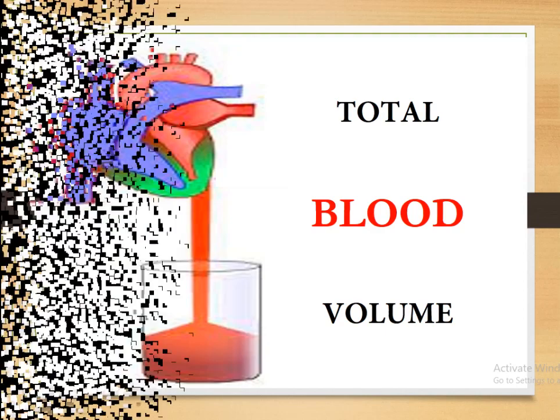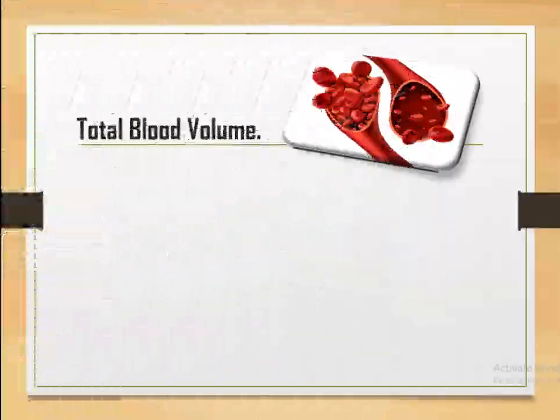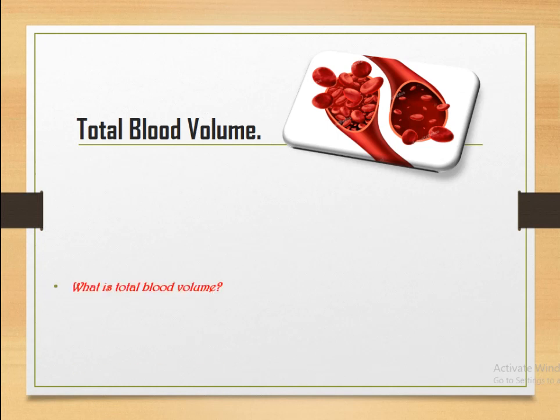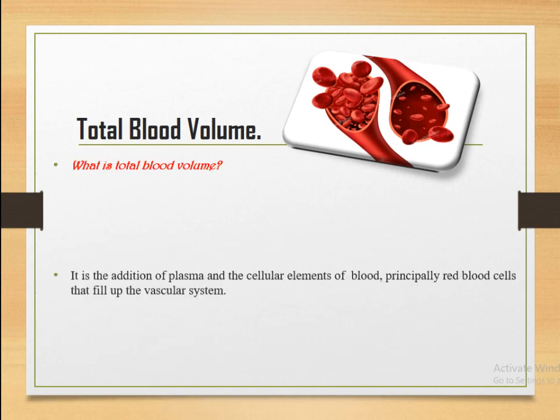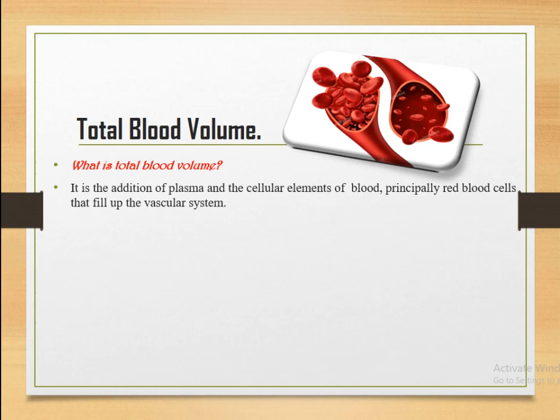So what is this total blood volume? What is its definition? The response to that question is, when we talk of the total blood volume, we're simply talking about the addition of plasma and the cellular component of blood.